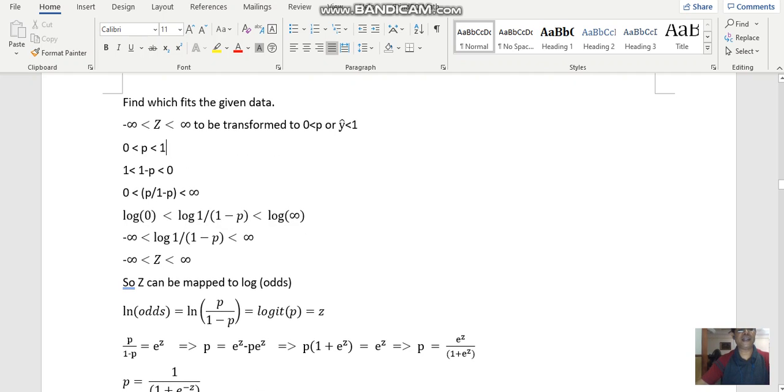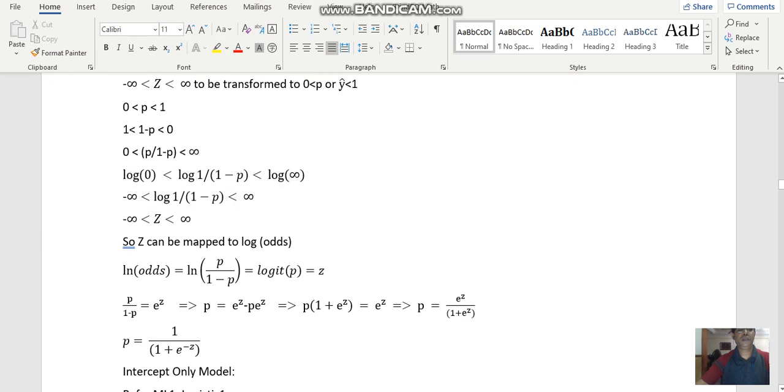Now if we divide this range by this range, it would become 0 by 1, which is 0, through p by 1 minus p, which is called the odds ratio, to 1 by 0, which is called infinite, undefined.